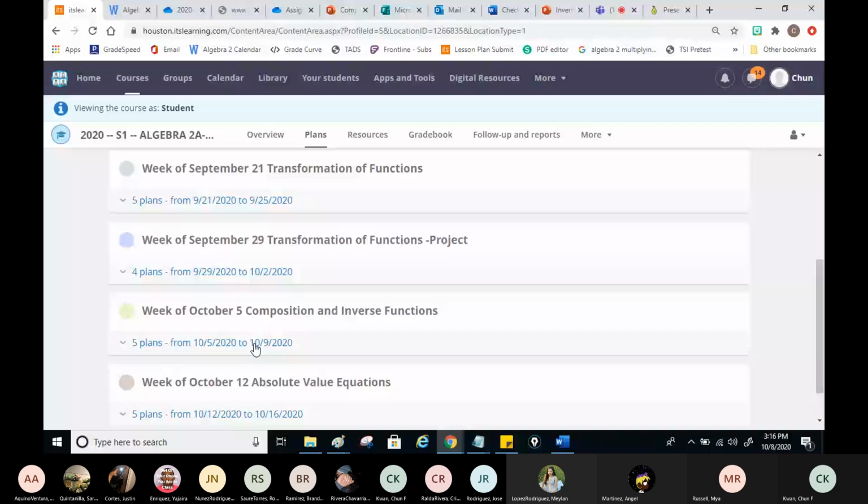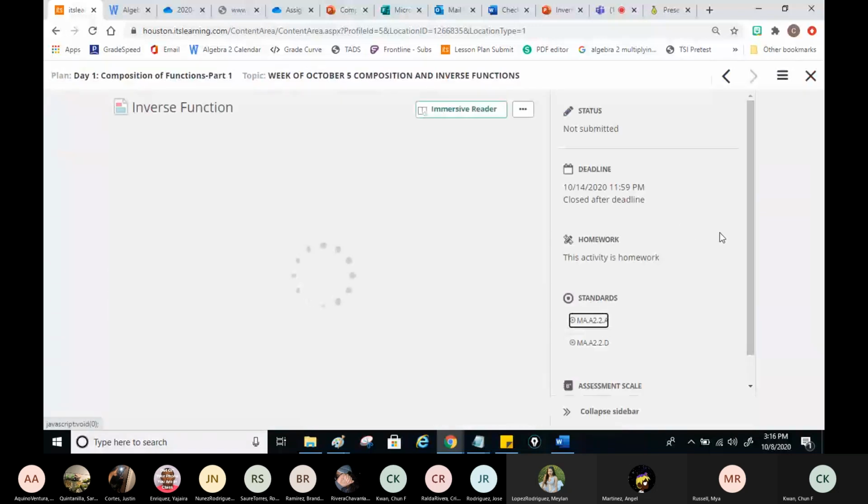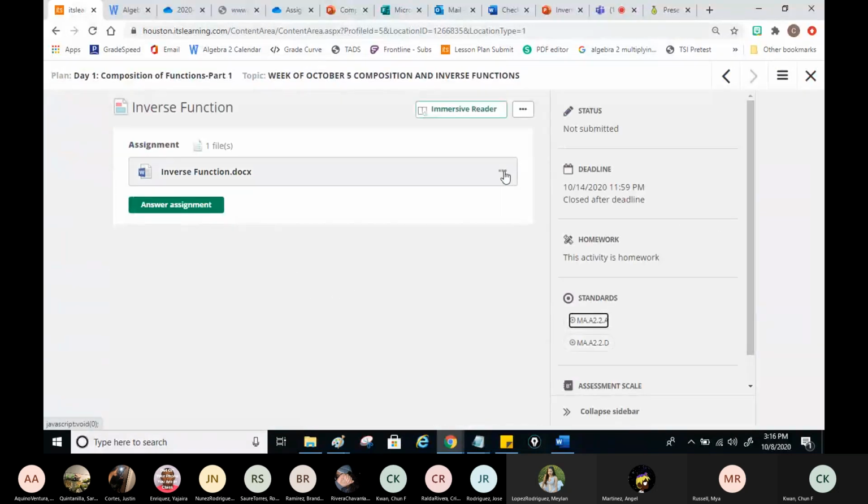And then right here, inverse function. So click it. And then click this, and then go ahead and download the homework. I think there are 3 problems. I even put an example problem at the homework, so you can look at the example and get some help from the example problem.